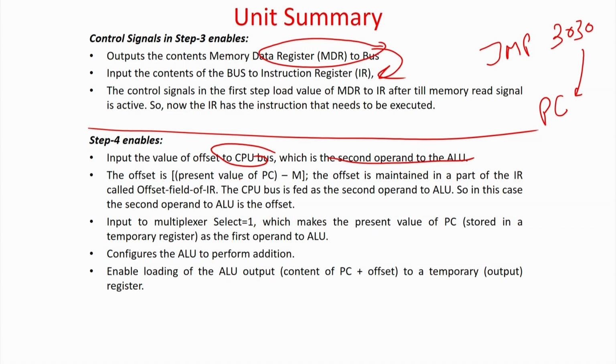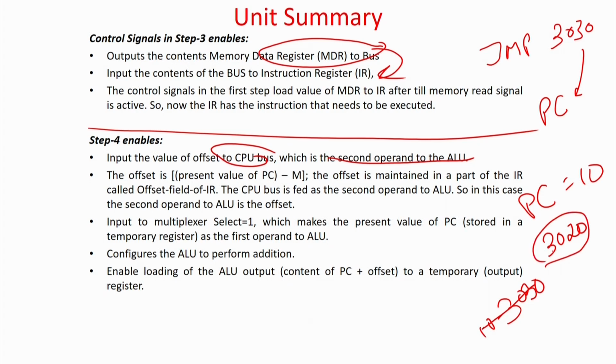So, if you assume that the present value of the PC is equal to 10, for the time being, your offset will be 10 minus 30, and you take the positive, so it will be 20. So, this is actually your value of the offset. That is what will be given by the instruction register.